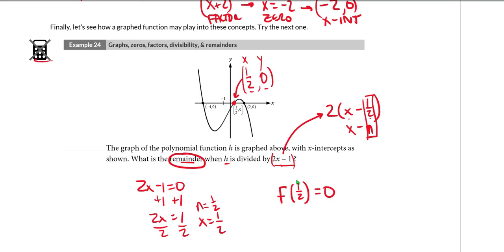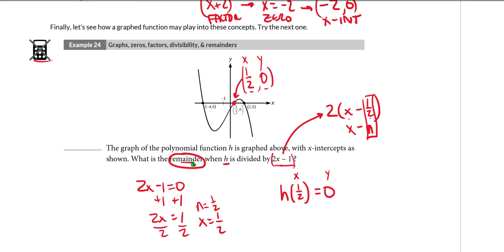Those are exactly the same thing. This is an x value here. This is a y value here. So writing the coordinate 1/2 comma 0 is no different from saying that we've got this function. This technically should be an h, not an f. We're dealing with an h function here, not a big deal.